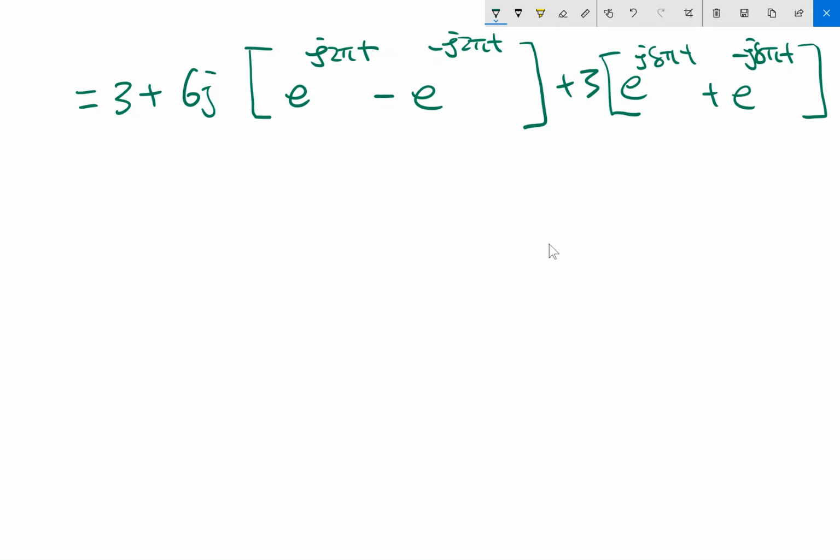So we see one minus sign here, probably we can get one sine here, and we see a plus sign here, probably we can get one cosine here.